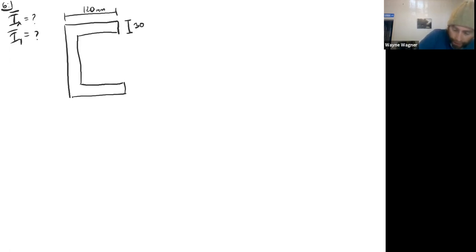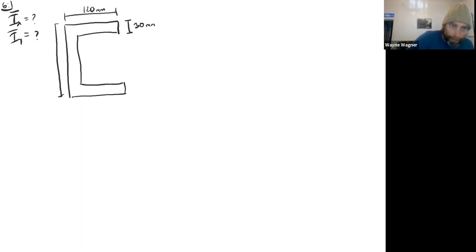Okay, so we've got what I'll call the C bar. This is 120 going right here, 120. They love to do millimeters on these problems. I find it really obnoxious. Anytime you see millimeters, it just means we're going to have huge numbers. I think because if you use meters, you'll get really tiny numbers. Still, that doesn't make it okay in my book.